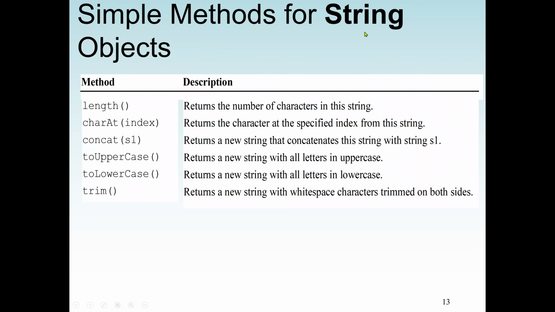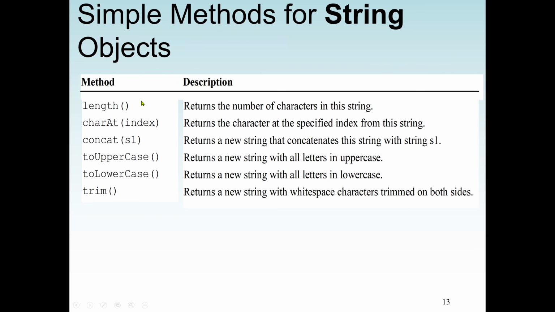Now, a simple method for string objects, as we said earlier in the beginning, is the length method. The length method will return the number of characters in the string. We should be very careful here. For example, a space is also a character.